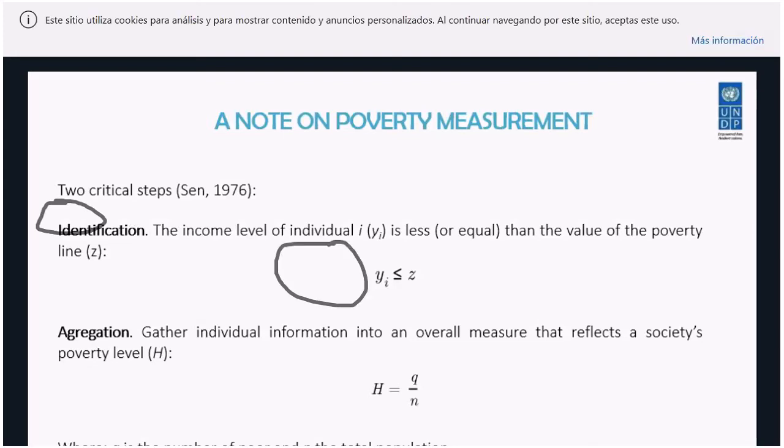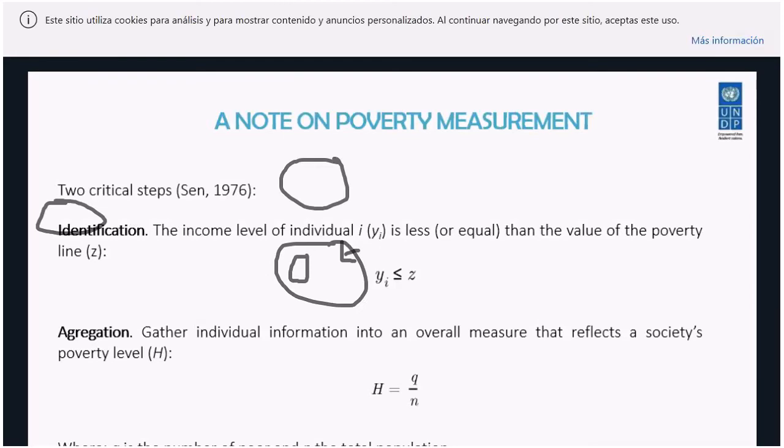So the very basic aggregated index is this one, the H, which stands for headcount, right? It is nothing more than the proportion of individuals living in poverty within a given population. So the Q is the sum of all the individuals identified as poor according to this identity, to this expression.